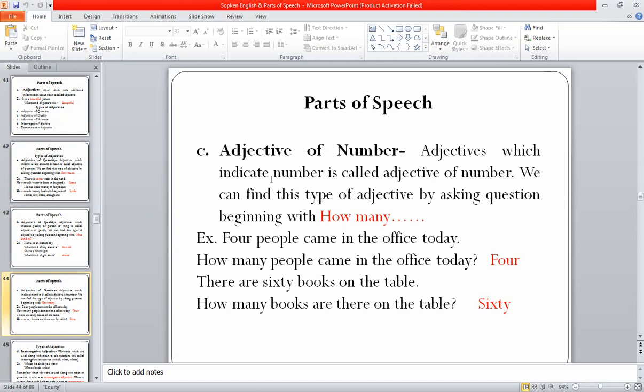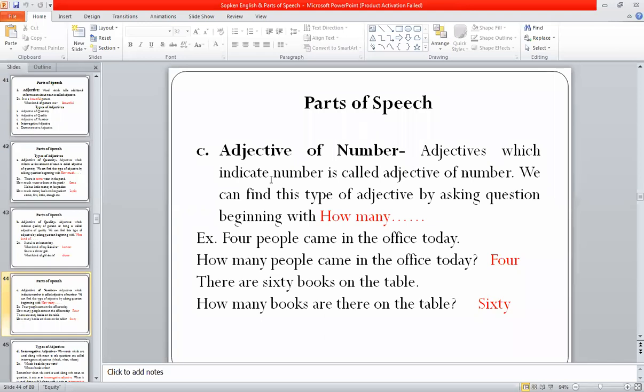The answer is 4. That is why 4 is the number, and it shows the adjective of number. So for identifying, we have to ask a question starting with how many. So this is about the adjective of number.